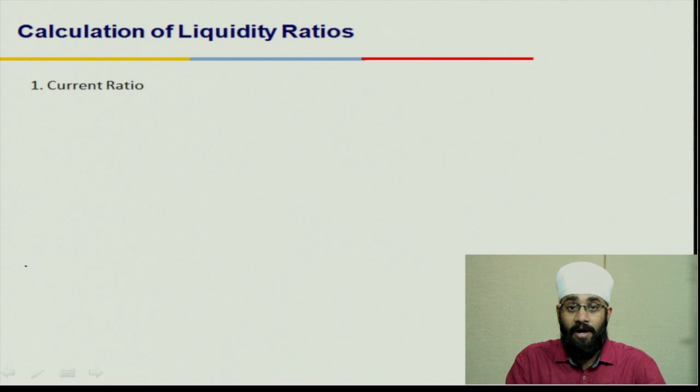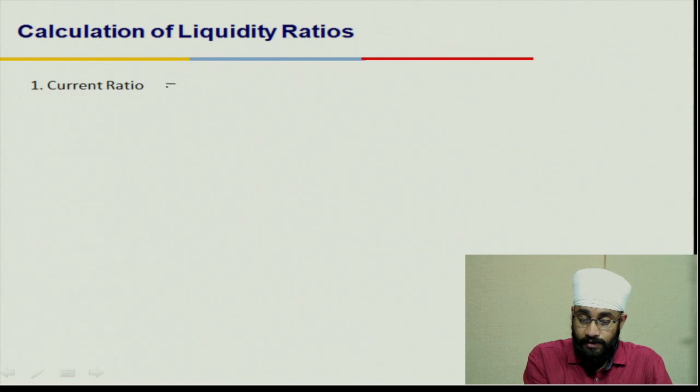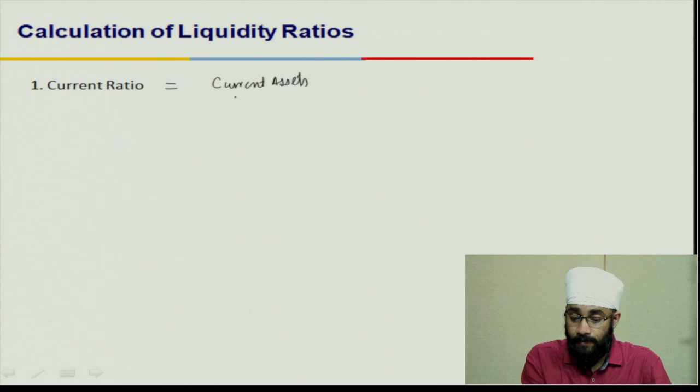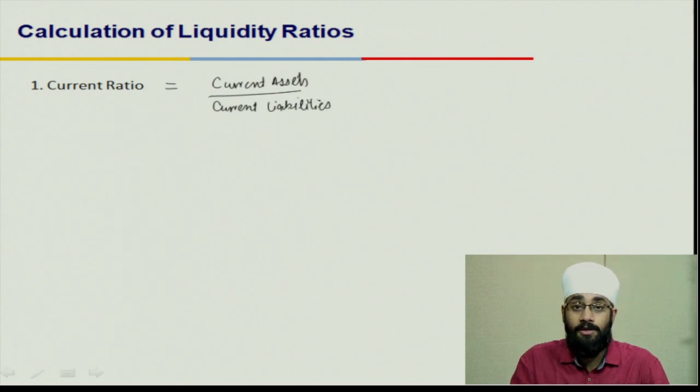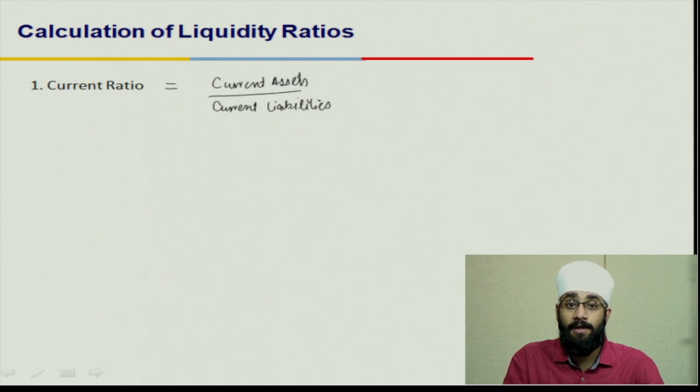The first ratio, as we learned, to analyze the liquidity position of the business is the current ratio. Current ratio is simply the ratio between current assets and current liabilities. All we have to do now is go to the balance sheet of this company and identify the items which will fall under the categories of current assets and current liabilities.